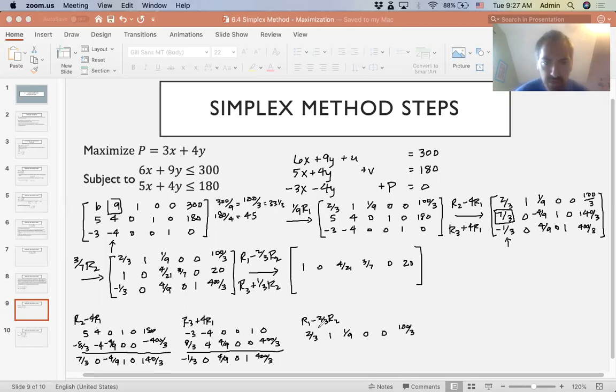All right, negative 2/3 times row 2 is negative 2/3, 0. It's 4/21 times 2/3 is negative 8 over 63. Negative 2/3 times 3/7, the 3's would cancel. That leaves us with a negative 2/7 there. 0 and 20/3.